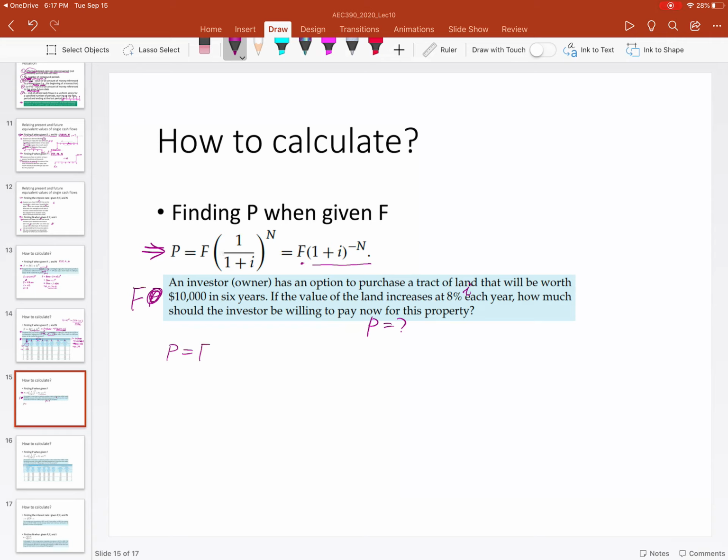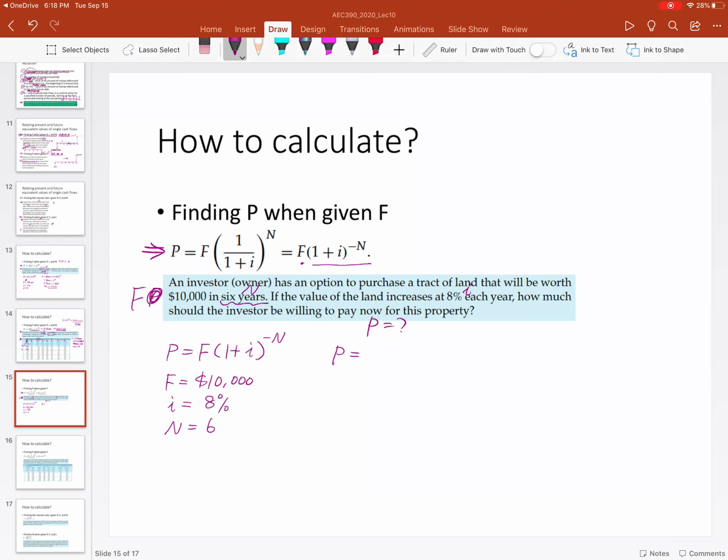So yes, you want to use this equation. So P is F times (1 plus I) to the power of negative N. And F is 10,000, I is 8%, N is 6. Okay, so 6 years, that's your N.